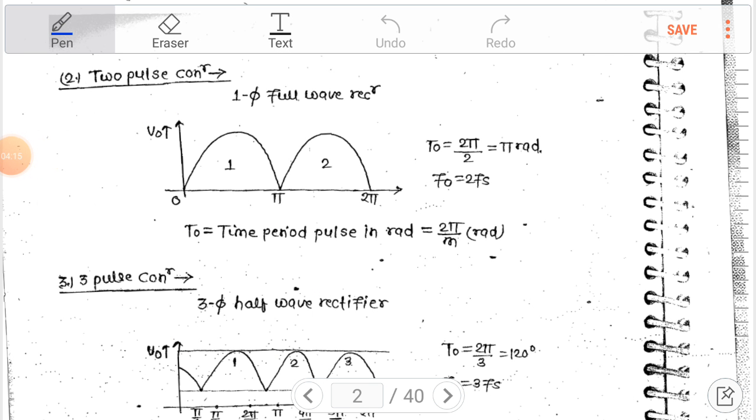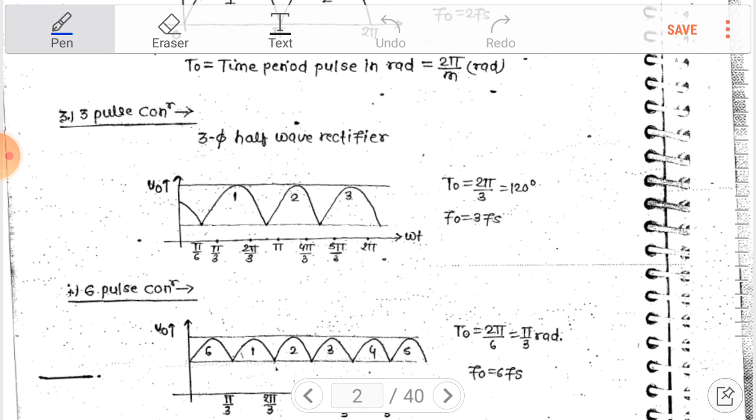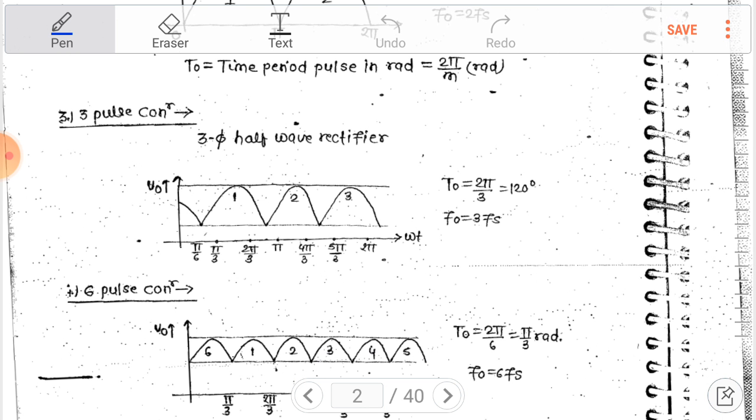In a two pulse converter, from 0 to 2 pi two pulses are shown, the output time period is pi radian, and the output frequency is 2 times. For a 3 pulse converter, similarly 3 pulses are observed in a complete cycle of the supply, and the time period of one pulse is 120 degrees.